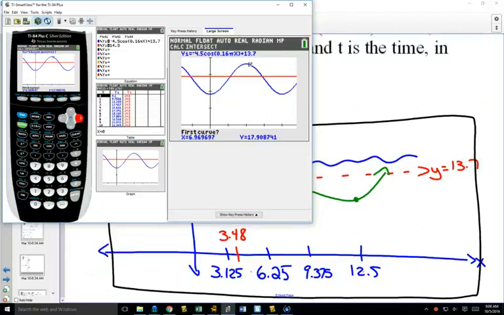Now I'm closer than the other one. If you want to be for sure, you can keep using your arrows until it's really close. But if you like to live on the edge, you can see how far away you can get and still get it. Push enter 3 times. And the other one's at 9.02.